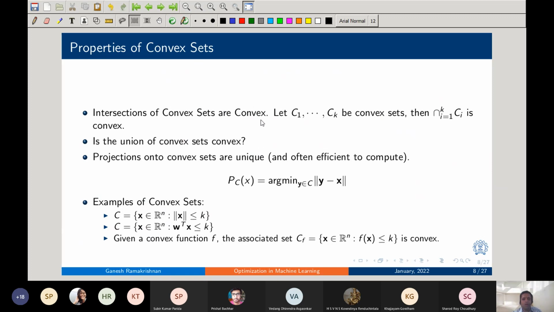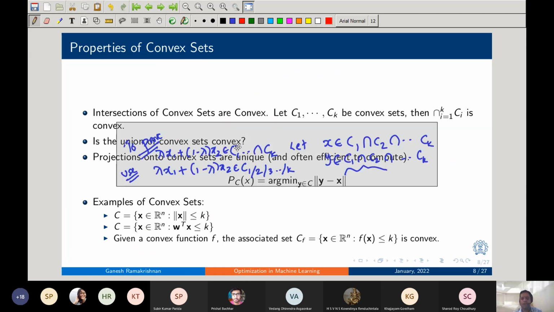I'm not going to do all these proofs, but what you want to really prove here is that if x is in C1 intersection C2 intersection CK, and y is in C1 intersection C2 intersection CK, then you'll have to prove that the intersection of the sets contains all those points for which both the constraints are satisfied.